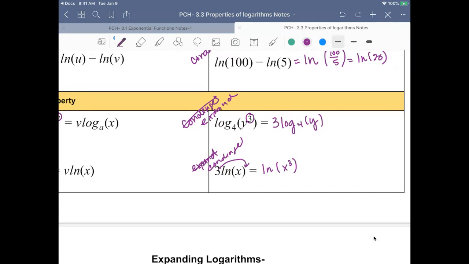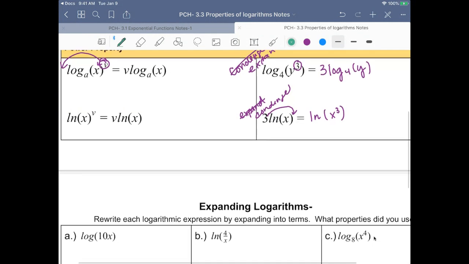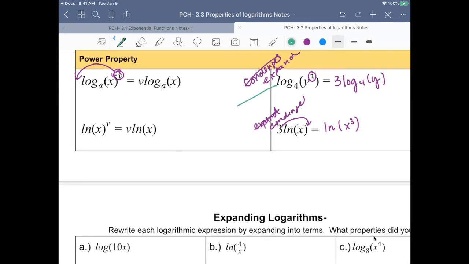So why does this work? Let's check this out for a second. We're going to have log base 4 of y cubed, which is log base 4 of y times y times y. Remember, what's the rule we can use when we have multiplication as the input?